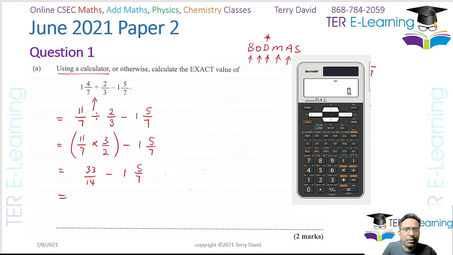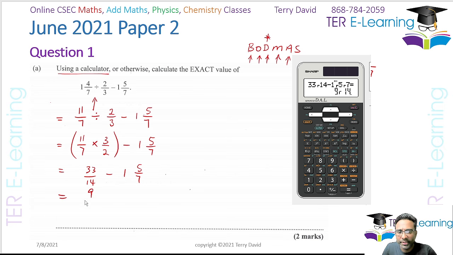All right, so what we're going to do here, we're going to perform this subtraction on the calculator. So this is 33/14, I'm using the fraction aspect of this calculator, minus 1 5/7, and I'm going to get 9/14 as my answer.